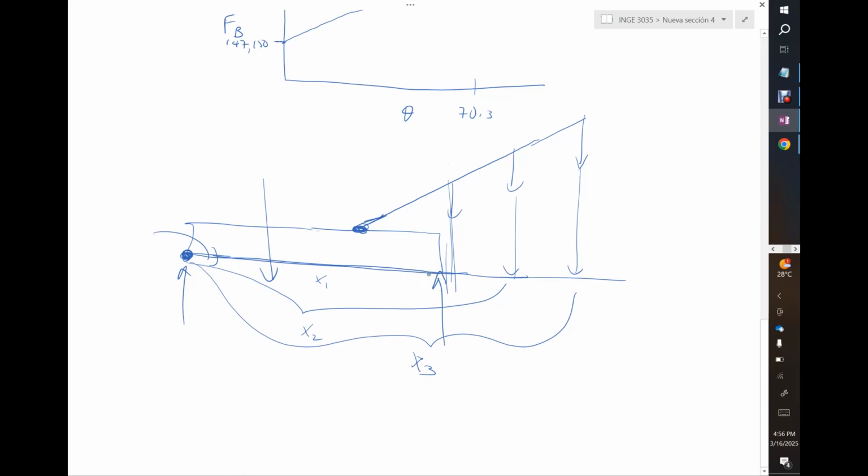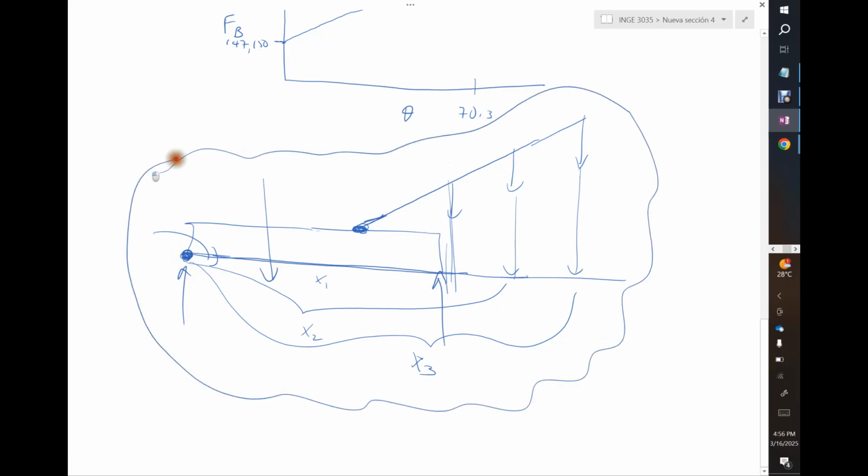If you have the distance, then you can take the moment around A, and that was basically the story of our problem, just trying to get those distances, because there was a theta here, and based on the distance as shown here, you were able to find where the forces within the boom are happening on the bar or the boom.